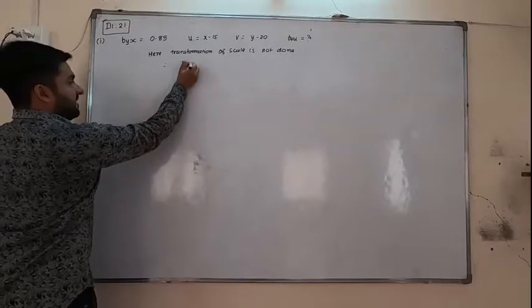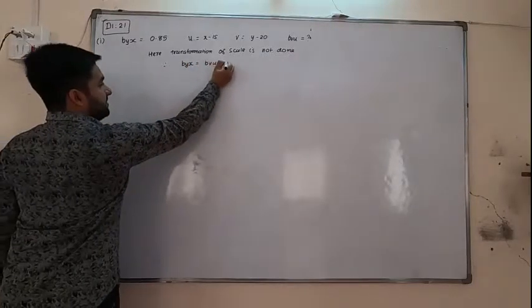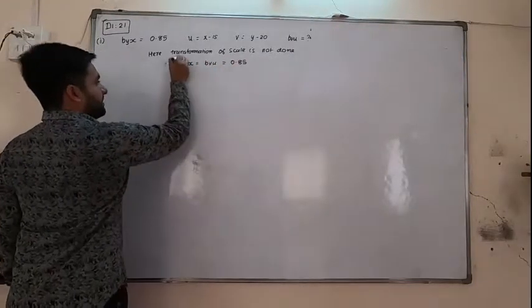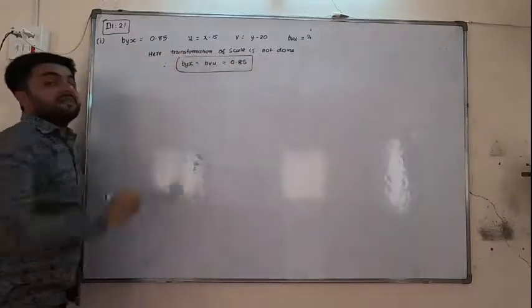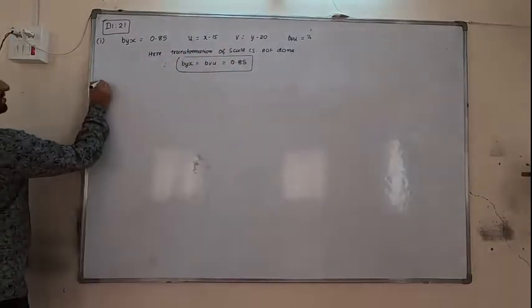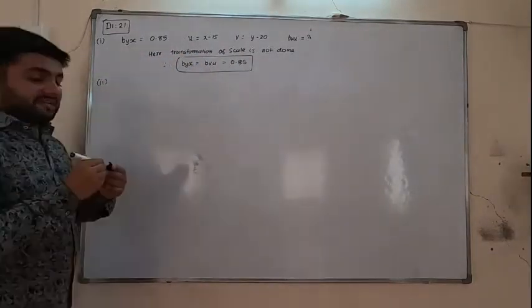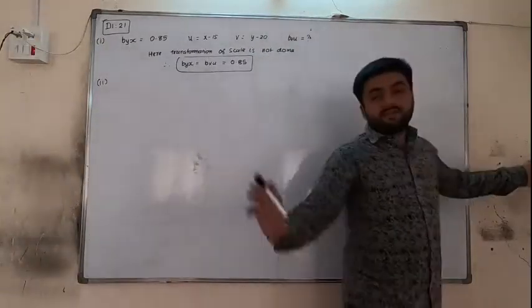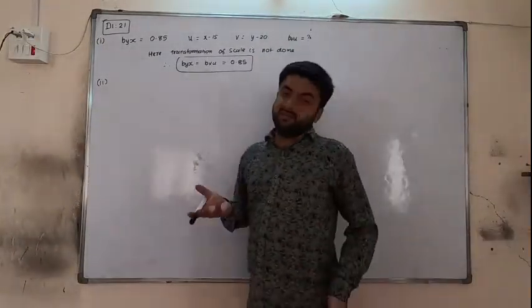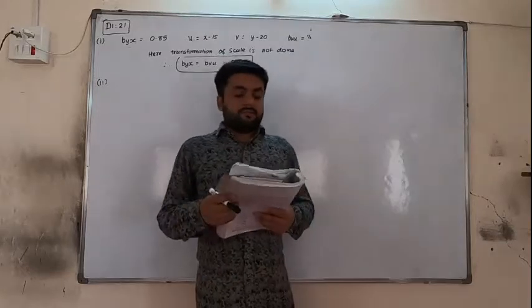Therefore, b y x is equal to b v u, which is equal to 0.85. For this you will get 1 mark. And most of the students in the exam do not attempt this. I am asking this question for 3 marks, 3 such questions, but you are not doing them.